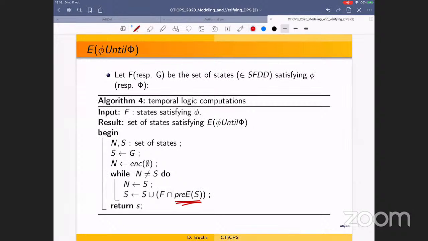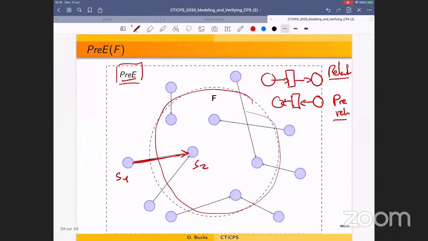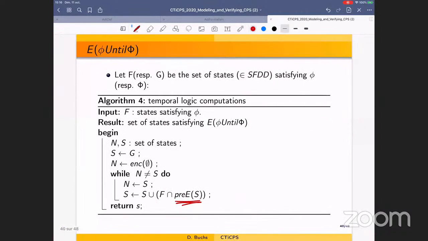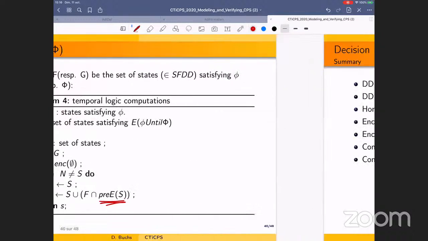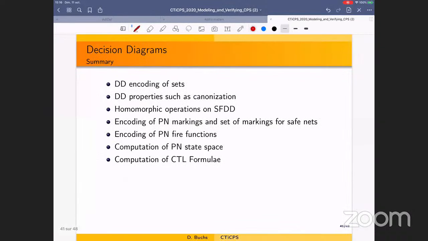Okay, so for Petri nets, it's possible by inverting the relation, but this is possible for simple Petri nets. It's much more complex for high-level Petri nets, for instance. Okay, so in summary, what I explained is the fact that with decision diagrams, we can encode sets.